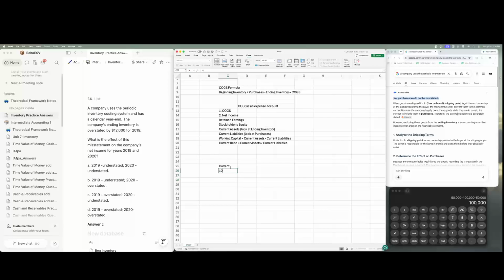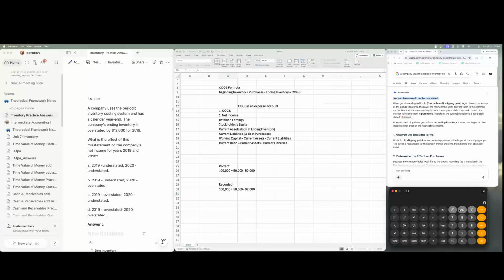Let's say if it was correct, the beginning inventory is 100,000 plus the purchases 50,000. Let's say the ending inventory should have been 50,000. But what was actually recorded was 100,000 for beginning inventory, 50,000 for purchases, and the ending inventory has been overstated by 12,000, so what was recorded was 62,000.